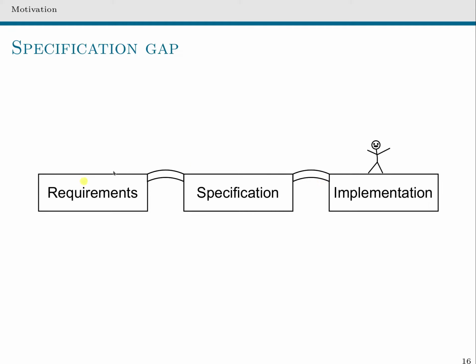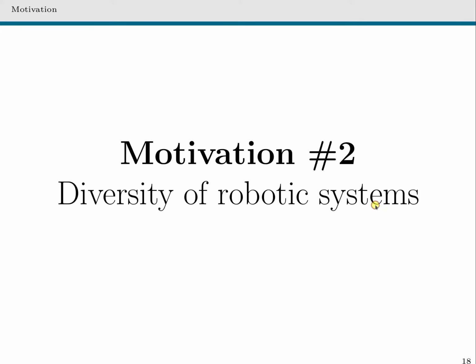When we build those two bridges, we can finally reach the implementation. So the main goal of my research is focusing on the definition of the appropriate formal specification and providing appropriate tools which facilitate traversing through those two gaps, from the requirements through the specification and finally reaching the implementation phase.